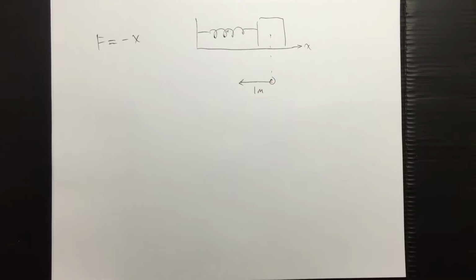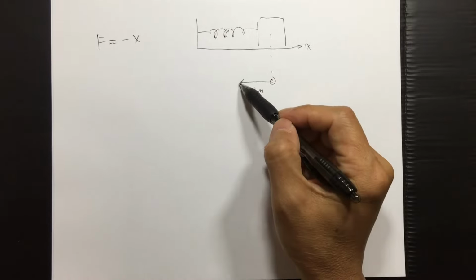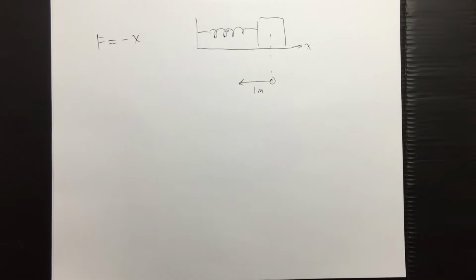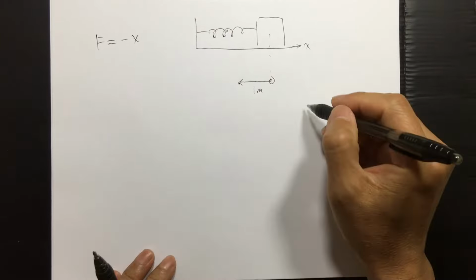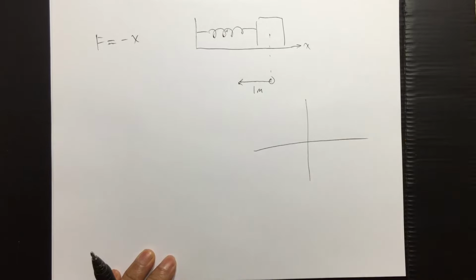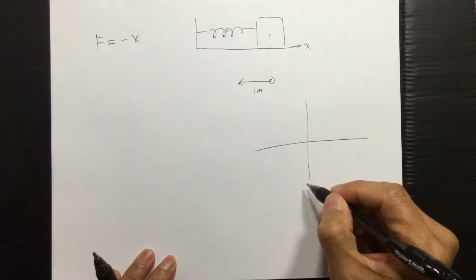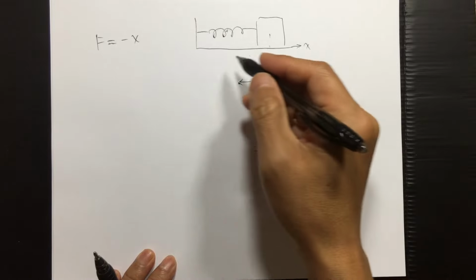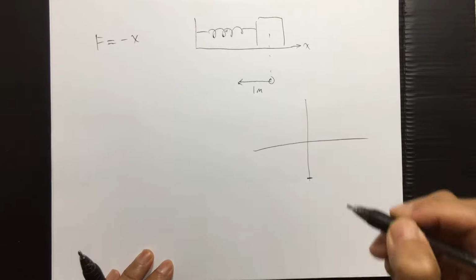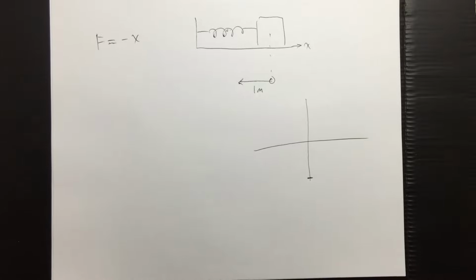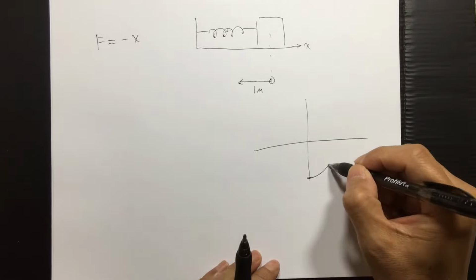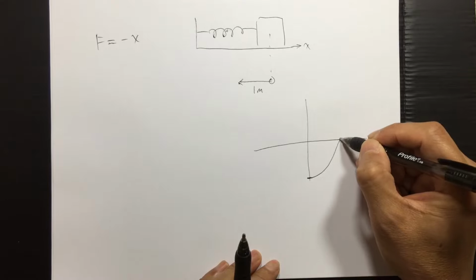At time 0, this thing is not moving here. In other words, this is going to be at time 0. This thing is not moving, speed 0, but position is minus 1 meter, right here. Then you want to know when this thing is going to swing over and cross 0.